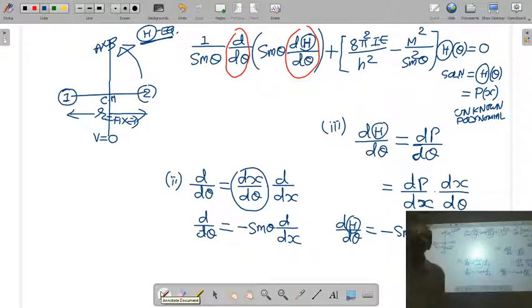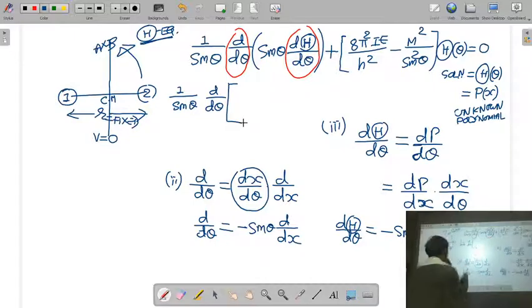Okay. So I rewrite the theta equation of the rigid rotator again. It is 1 upon sin theta, d by d theta into bracket sin theta.